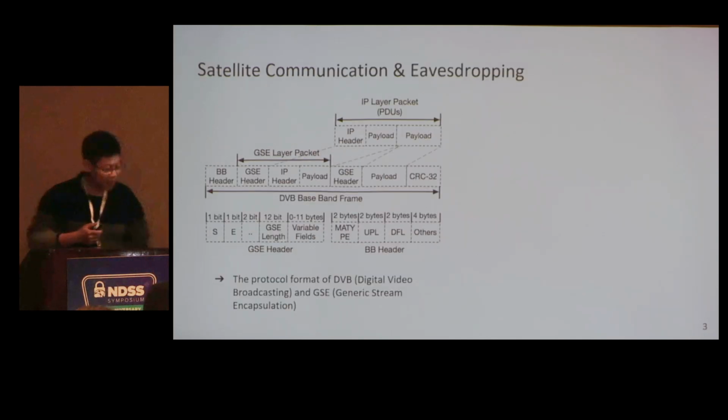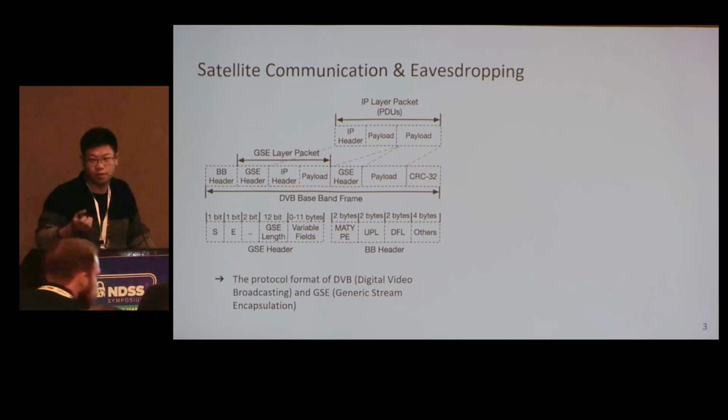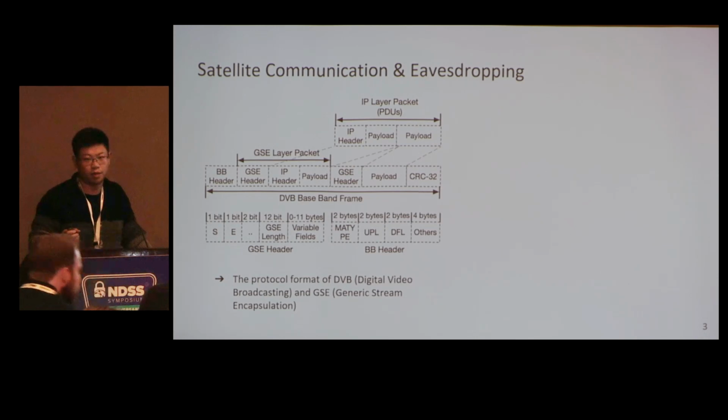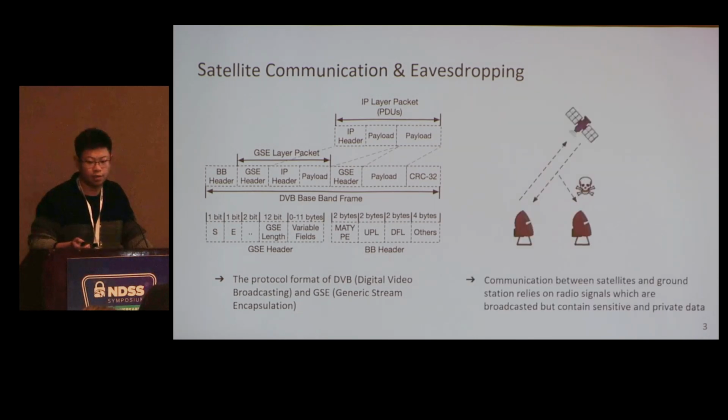Okay, so the satellite communication and eavesdropping. On the left side of the slide is the protocol format of the de facto communication between the space and the ground station, which is DVB and GSE. Because these radio signals are broadcast, everyone can eavesdrop on this communication.